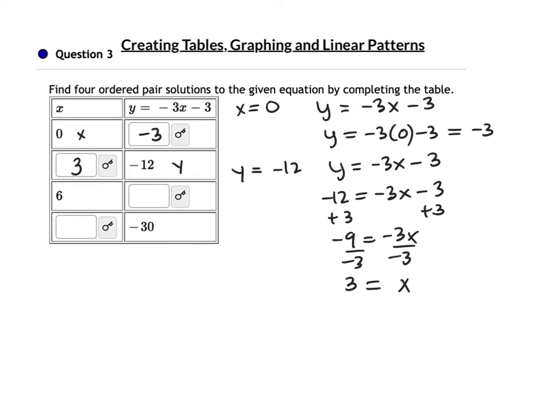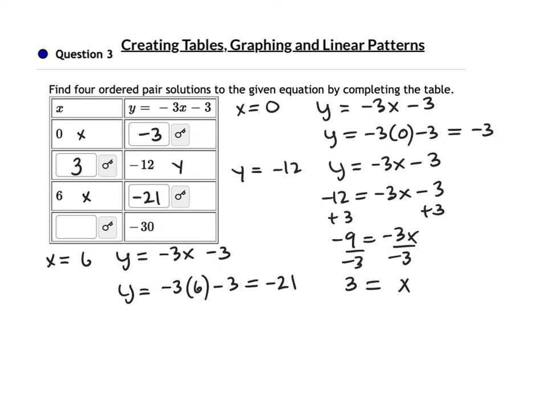For the next value, we have x. X is 6. So we'll take our equation, and we'll plug in an x of 6. Y equal negative 3 times 6 minus 3. That's negative 18 minus 3, which is negative 21. For the last one, they give us y, and we know that y is negative 30.